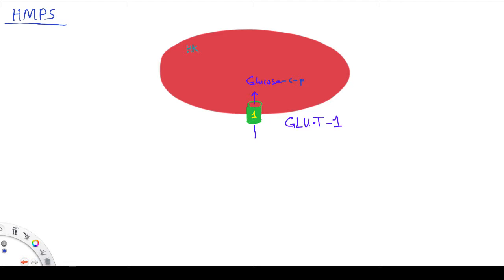So the pentose monophosphate shunt or hexose monophosphate shunt, they're both correct names. Glucose 6-phosphate is converted to 6-phosphogluconate. And then 6-phosphogluconate is converted to xylulose 5-phosphate, I think?